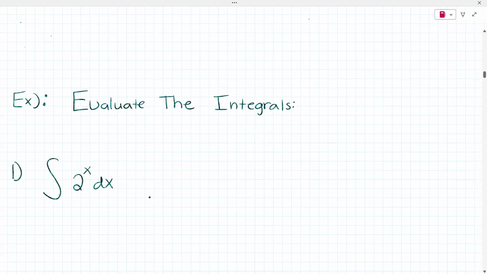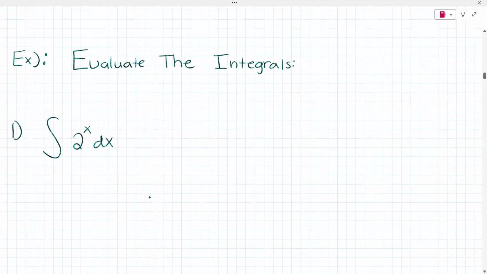So in all of these examples, evaluate the integrals. So number one, we have the integration of 2 raised to the x dx. It is not bounded, right? There's no boundary, so your final answer will have a plus c. Okay, so we have a constant raised to the x. So we're going to use this rule.